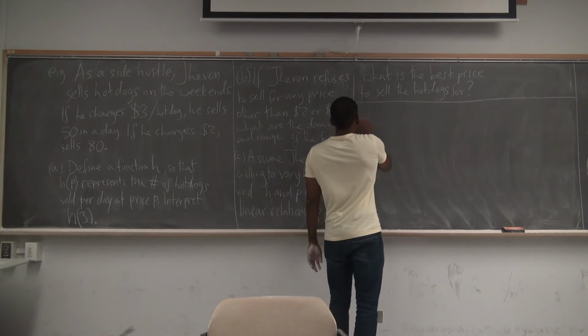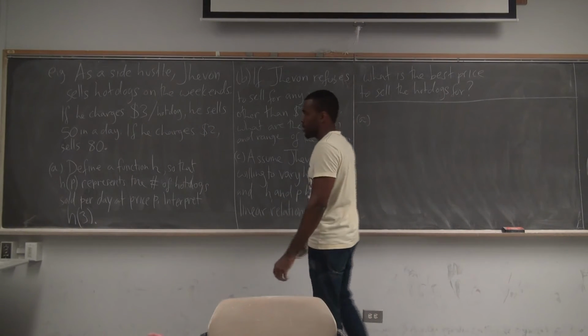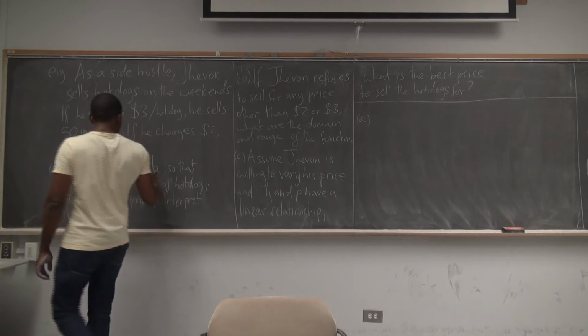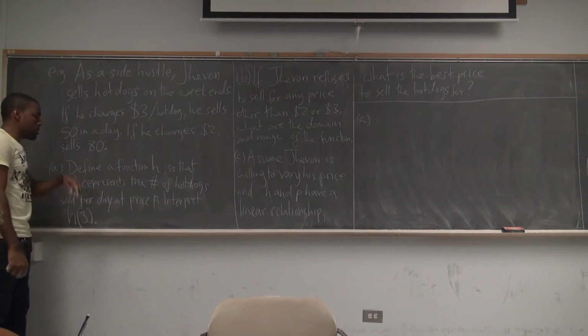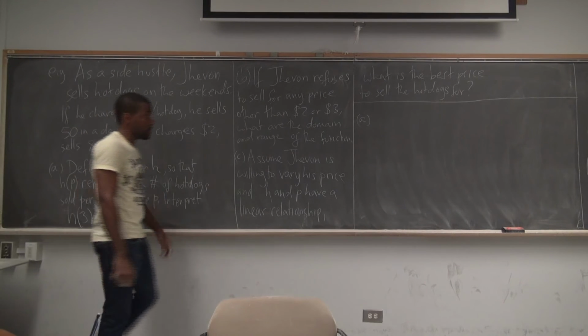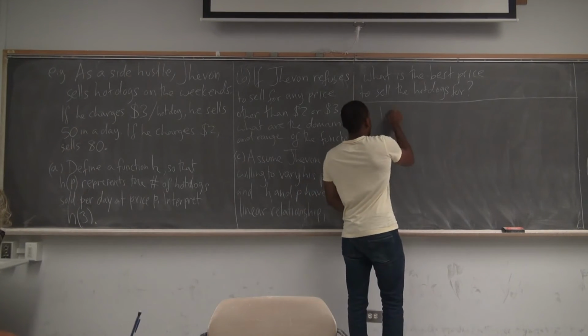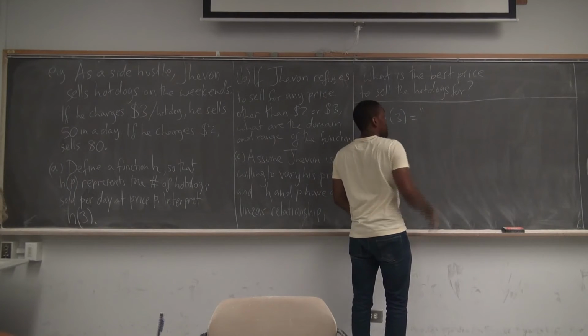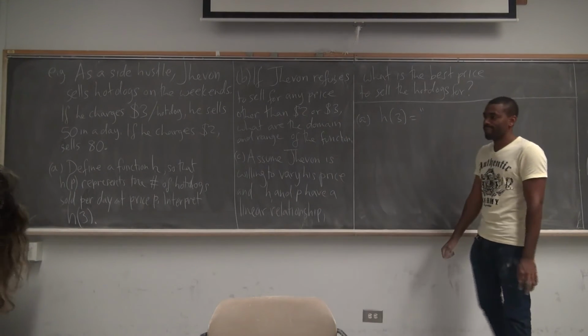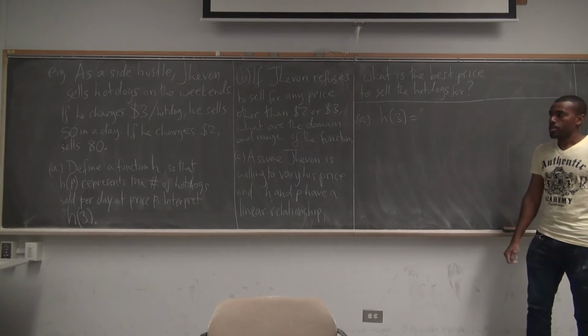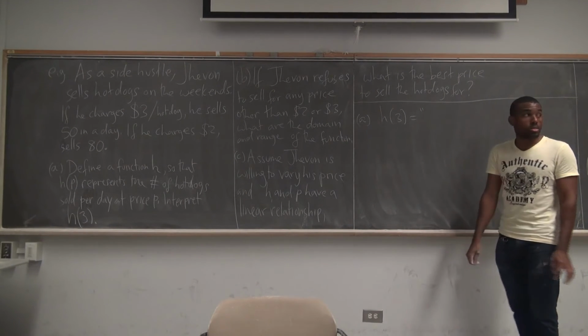Let's start with part A. So I defined a function that I'm naming h. Interpret h of 3. What does h of 3 mean? Tell me in English. What would h of 3 be for this function?